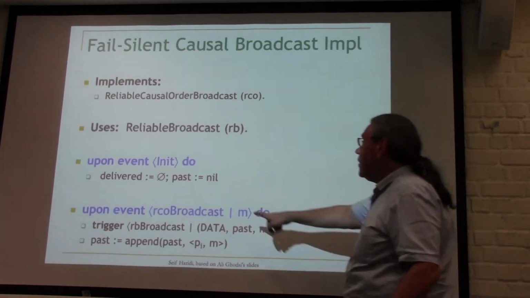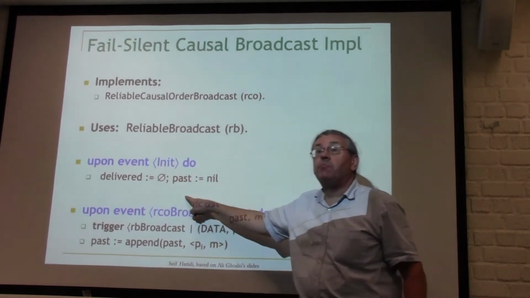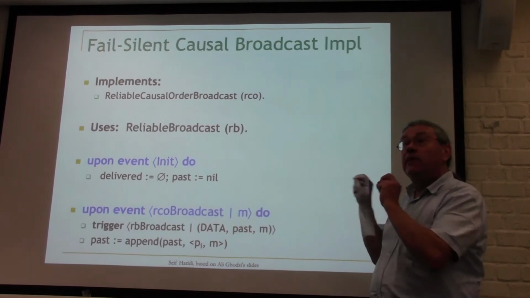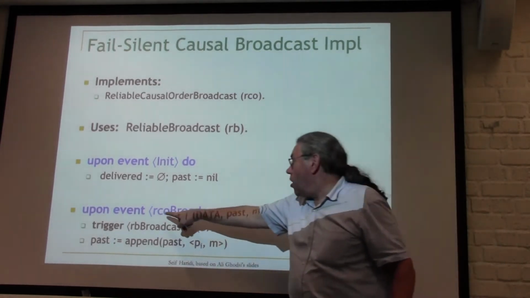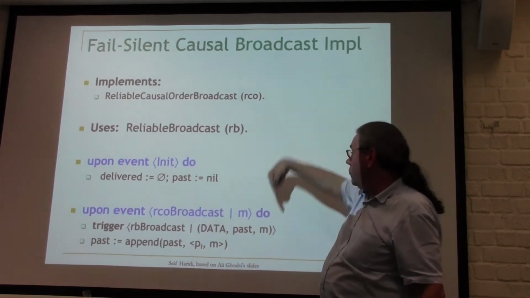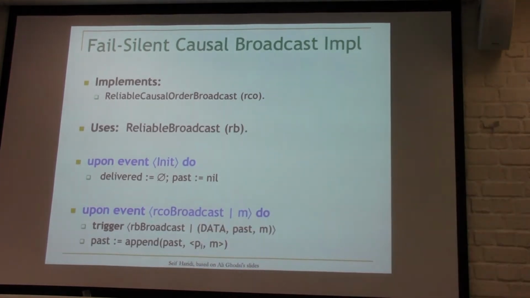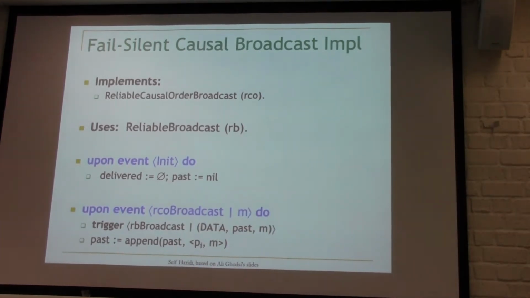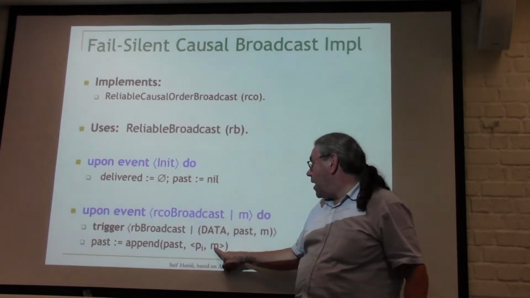I have my delivered set and the past set, which is all the causally preceding messages delivered on that node. I do RCO broadcast. So this is the request going down, and this causes an RB broadcast to go down. But it also adds M to the past list.